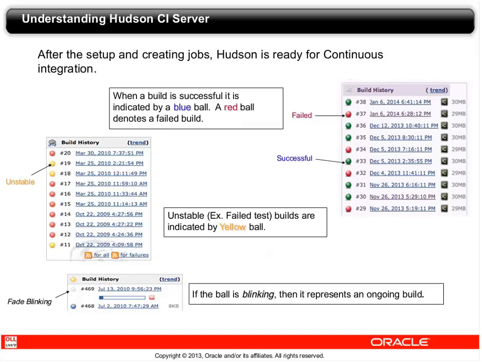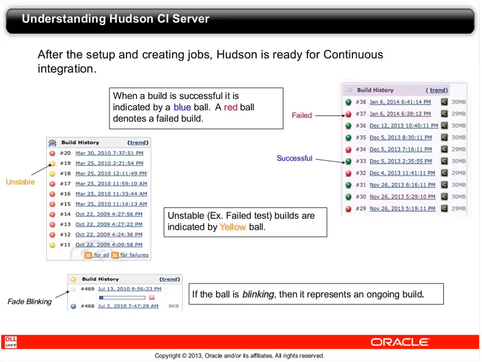The meaning is you can say, don't fail my job if the test fails, but make it unstable, so that I know the yellow means there is something with my testing which I have to look into. That is a good way of specifying that.